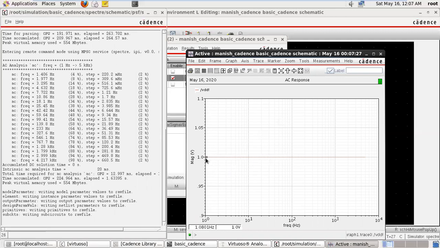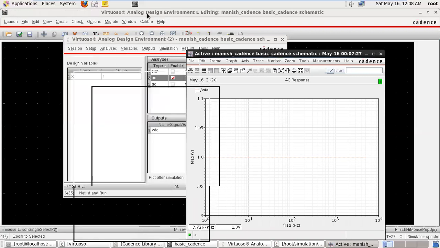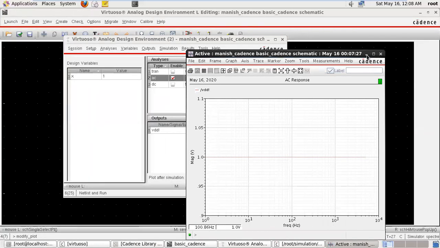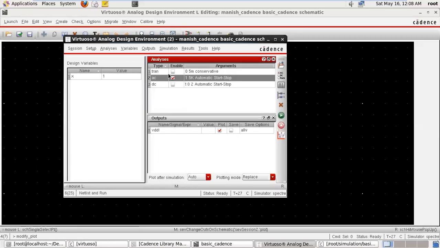We have taken the magnitude as 1 volt and it is constant throughout the frequency. So we can apply different types of voltage here. Okay, so that is transient, AC and DC.